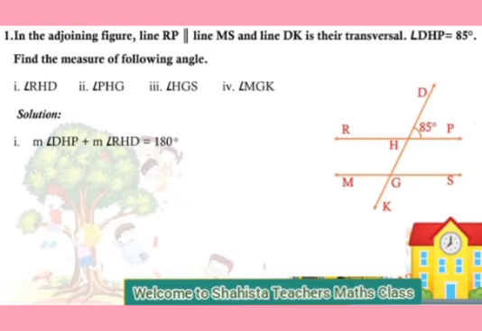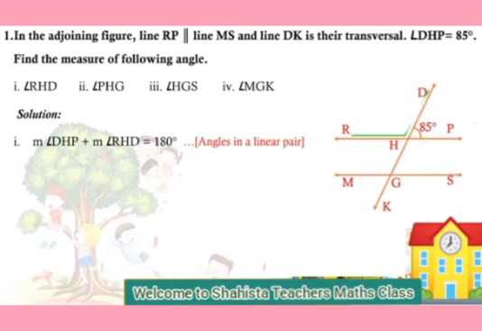First we know that the value of DHP is 85 degrees. So the measure of angle DHP plus the measure of angle RHD is equal to 180 degrees, because they are angles in a linear pair. See students, here on the right hand side is 85 degrees, but we don't know the value on the left hand side.